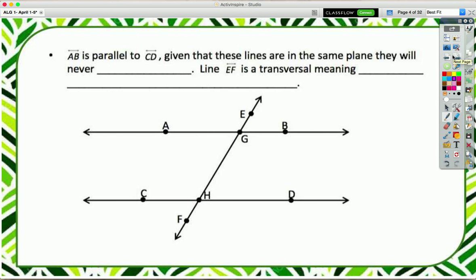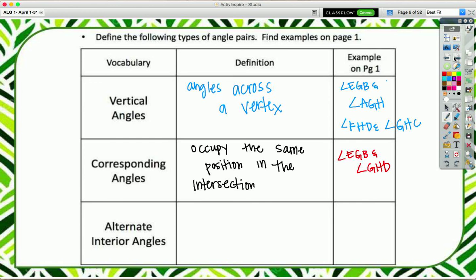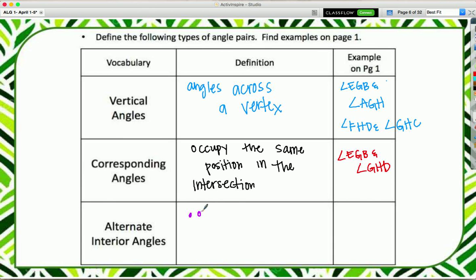So then we've got alternate interior. Alternate means it has to be on opposite sides of the transversal. The word interior means it has to be found inside the parallel lines.